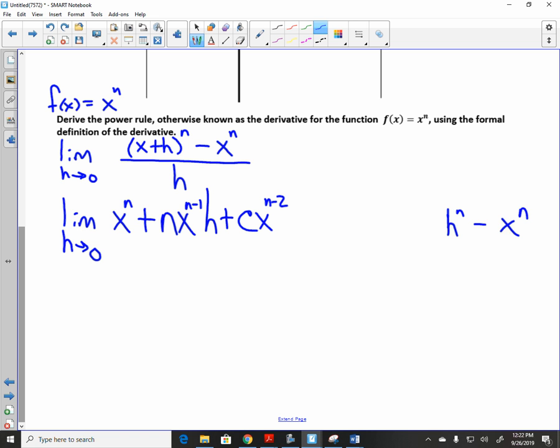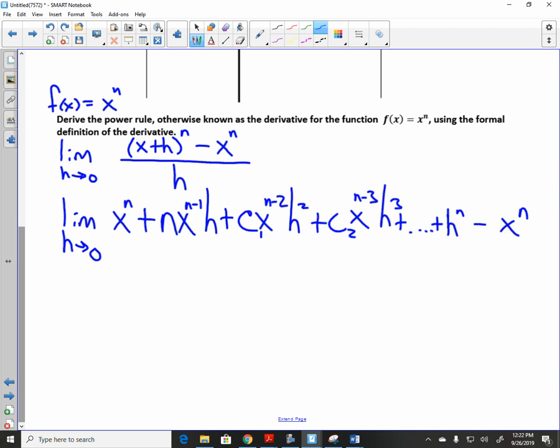I'll pick up another constant times x to the n minus 3 times h to the third, and that pattern will just continue on and on, correct? Until we finally get to h to the n.